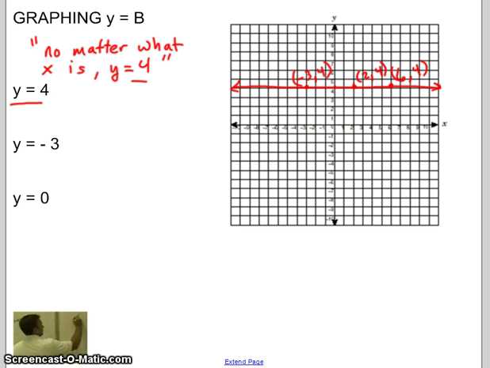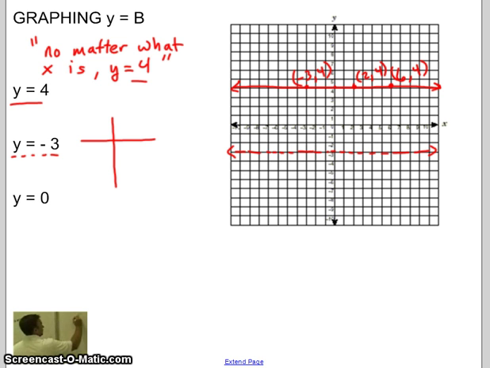I'm going to draw a dotted line for y equals negative 3. So we're going to go to negative 3 on the y-axis again and draw a horizontal line. That's the graph of y equals negative 3.